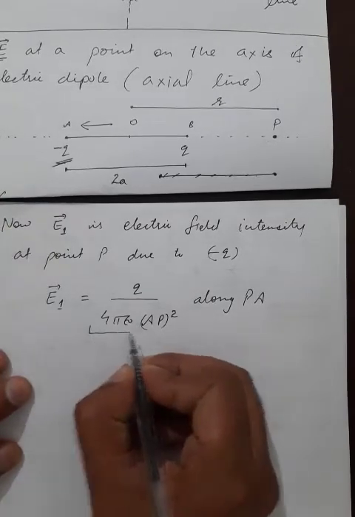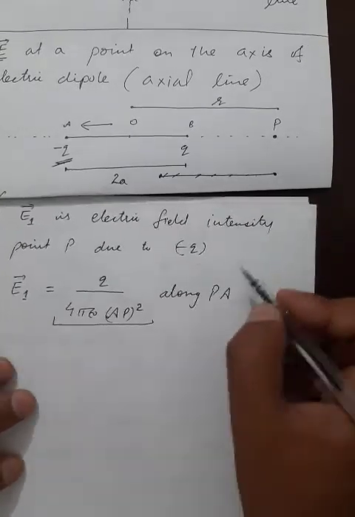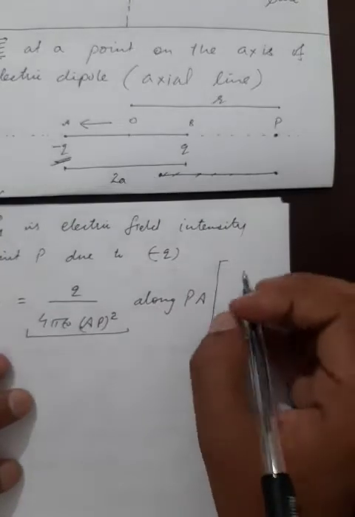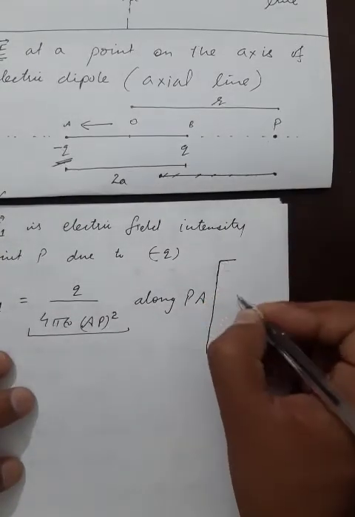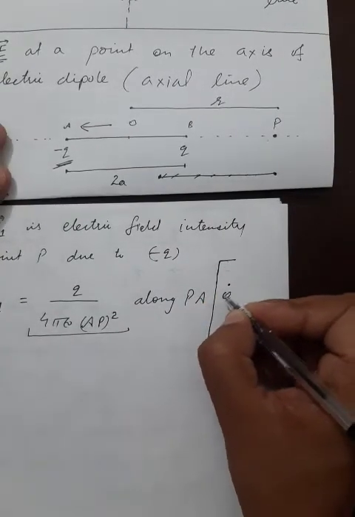Now this result is using the result that I already told you, that is electric field intensity for a point charge.